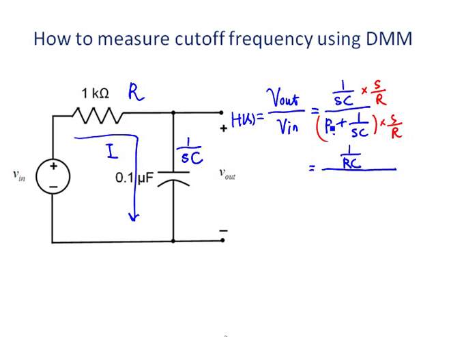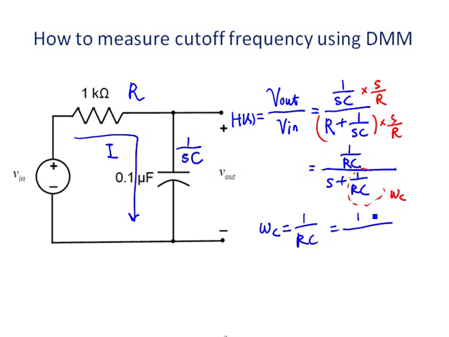The denominator is S plus 1 over RC. This circuit is typically a first-order low-pass filter. With S plus 1 over RC, the cutoff frequency should be the constant term in the denominator.